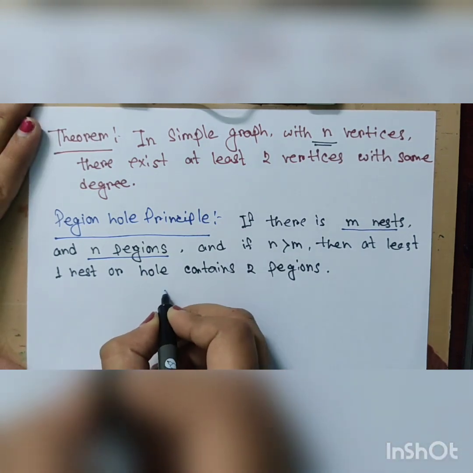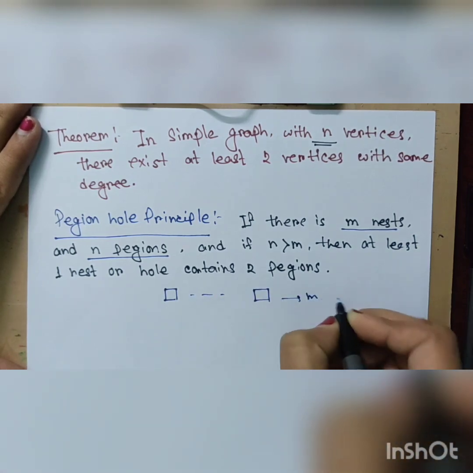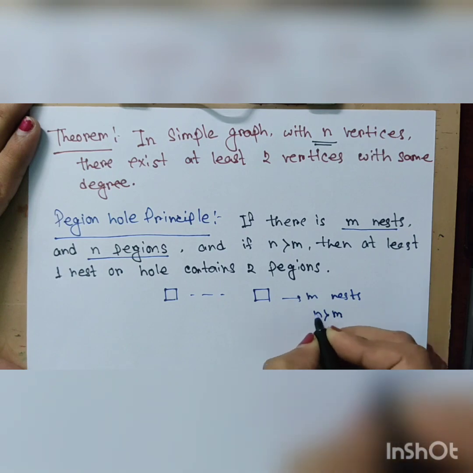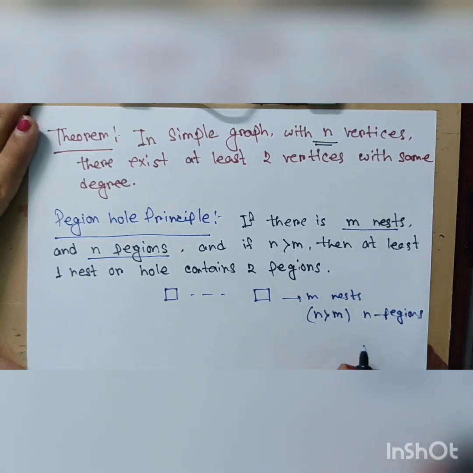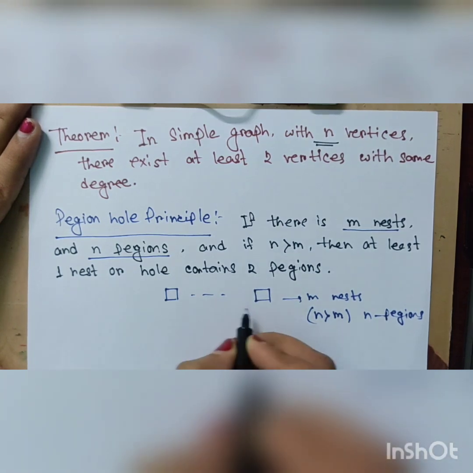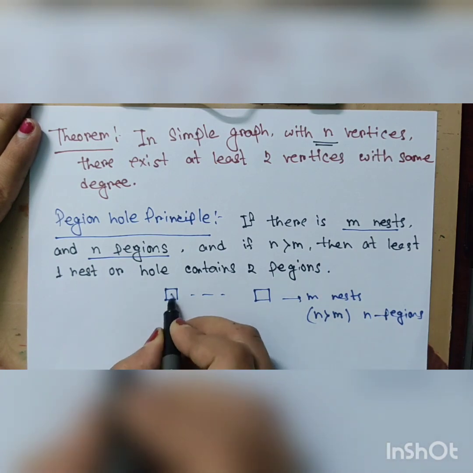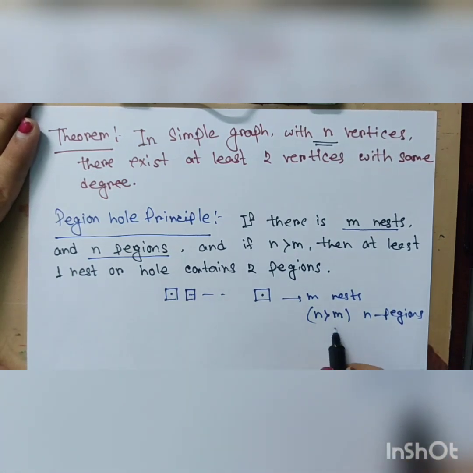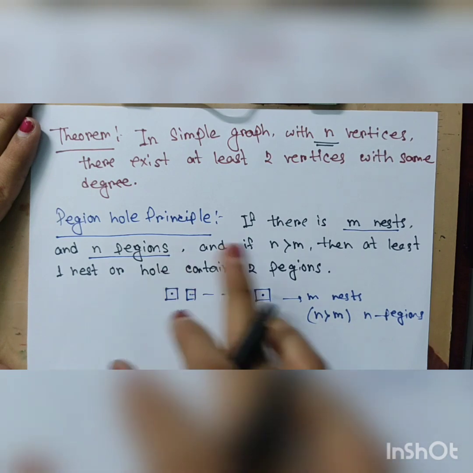Like that, if there are m number of nests and n number of pigeons, when n is greater than m, then if we start to put the pigeons into these nests, the first pigeon going here, the second pigeon going here, and so on, then after filling all these nests, since n is greater than m, there exists at least one pigeon which is extra.